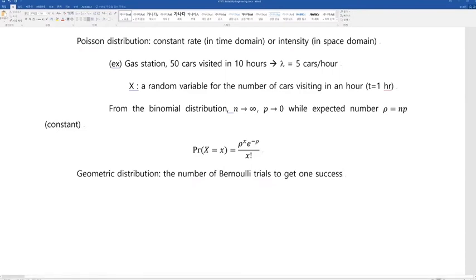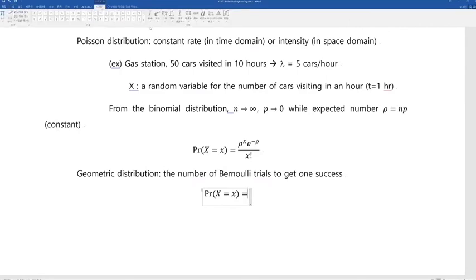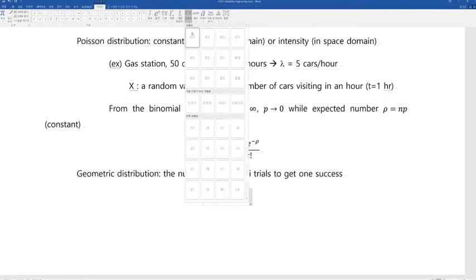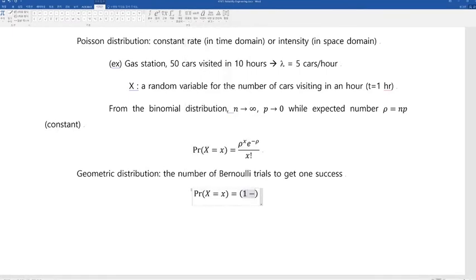Then how can you calculate that? Of course, x is the random variable for the number of trials to get one success. So if the success probability is p, then first it needs to fail.